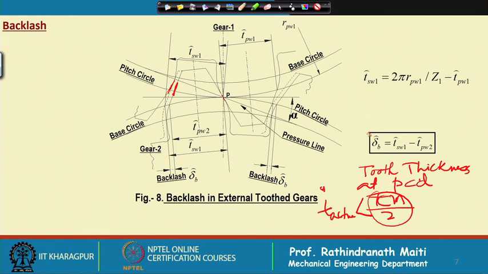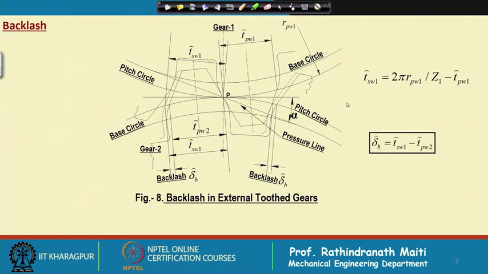So, ultimately this backlash can be calculated by this one, which is the difference between the gap and the tooth thickness there. So, it can be calculated by the amount of correction that is provided for generating the backlash, which is very small.